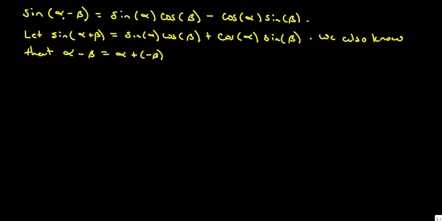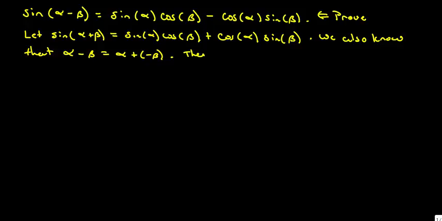So what I'm doing here is, this is what we're trying to prove. We're trying to show that this thing's true. So we'll say what we know, and then we'll say, okay, so we know this is true. We also know this is true. Now I'm going to insert this into here for the left side.